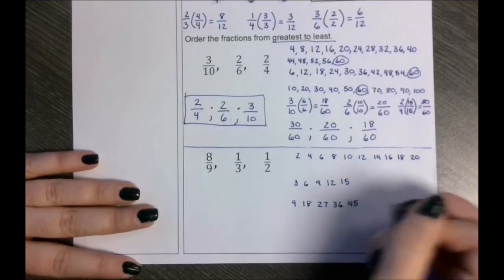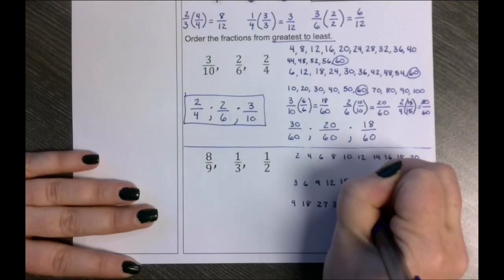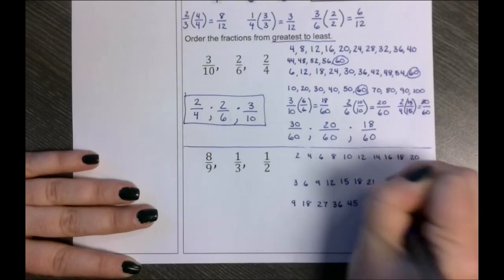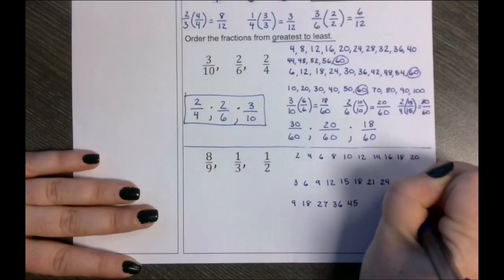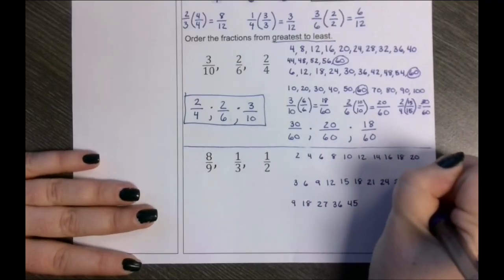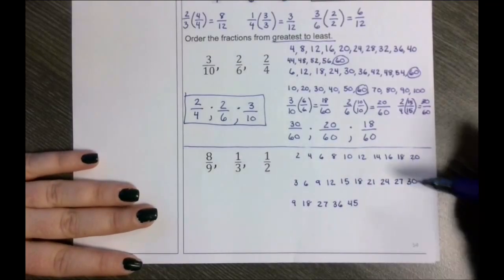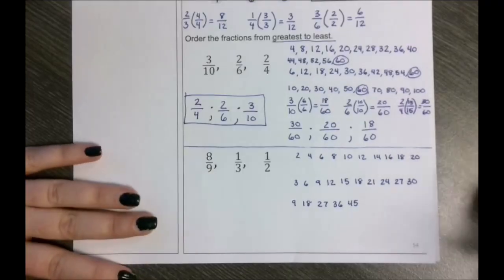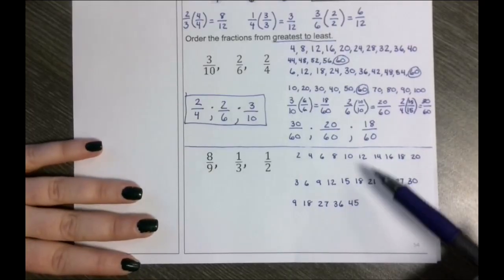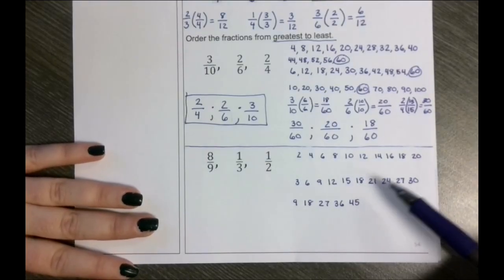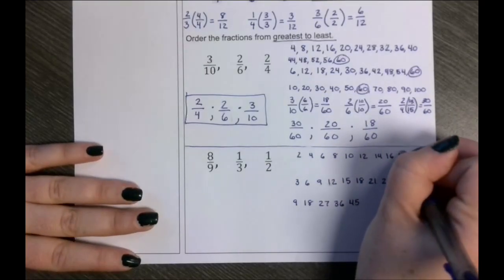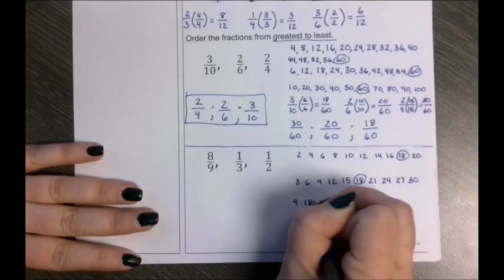Looking at 3s, 15, 18, 21, 24, 27, 30. One thing is when you're switching between numbers, make sure you're counting by the correct number. So I didn't want to switch to counting by 3s and still be counting by 2s. I'm looking for that meetup, and I've got it with 18.